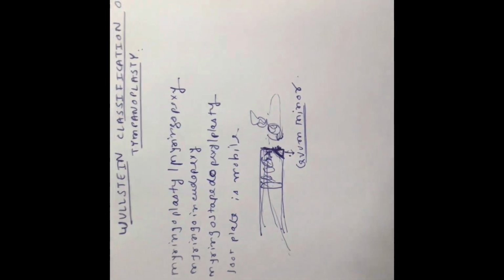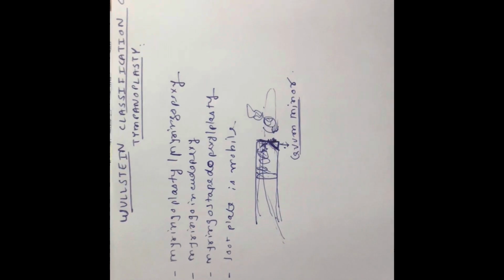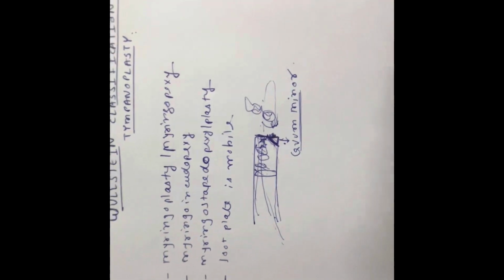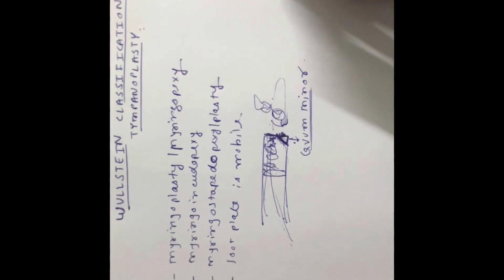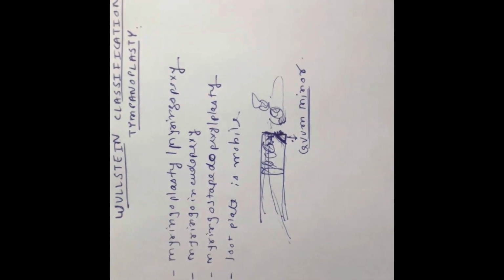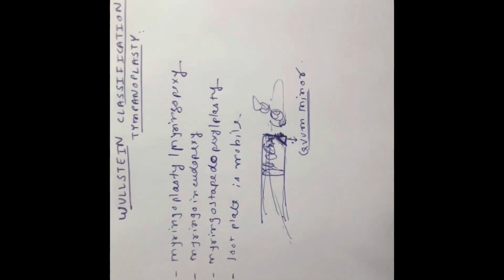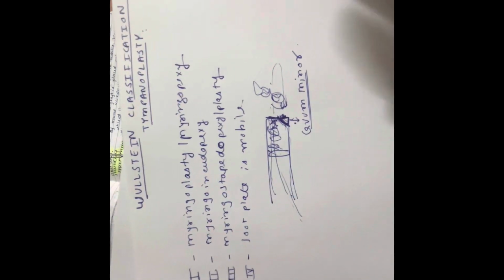Here will be the round window. And I hope that you guys know that tympanoplasty is done in the tubotympanic ear, that is tubotympanic type of the CSOM, that is chronic suppurative otitis media. In atticoantral type of CSOM, we will do mastoidectomy.